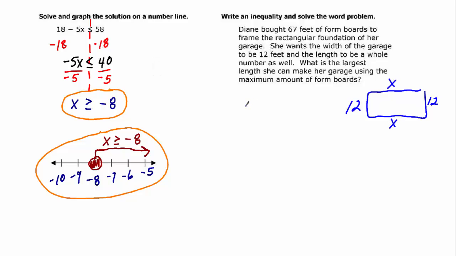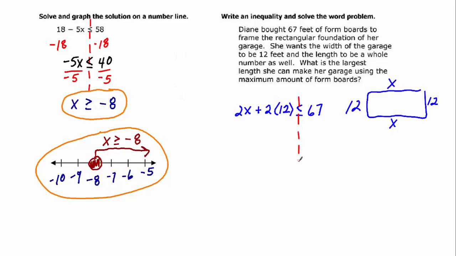So to do that entire foundation, she's going to have 2 x's plus 2 12s, 2 times 12, and all of that has to be less than or equal to 67. It can't possibly be more than the amount of foam board that she bought.